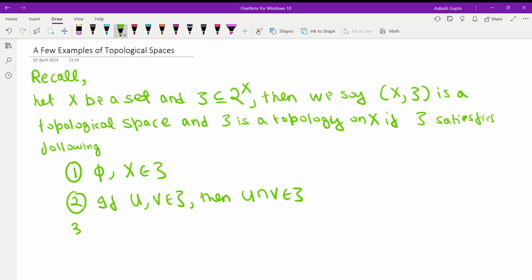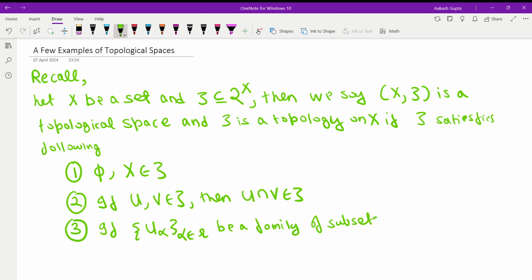And what is third? If you have a family of subsets, so if U alpha, alpha in capital Lambda, be a family of subsets of X such that U alpha belongs to tau.